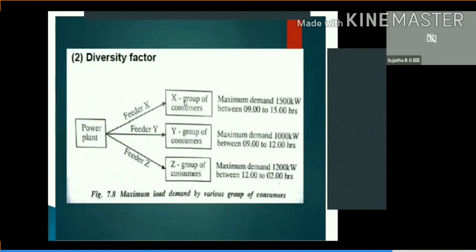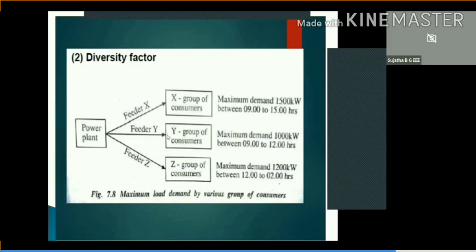So for this group, the maximum demand may be 1500 kilowatts between 9 to 15 hours. Maybe for the Y group of consumers, the maximum demand is different: 1000 kilowatts, between 9 to 12. Whereas here the maximum demand may be 1200 kilowatts, between 12 to 2. So maximum demand varies in different sets of consumers.